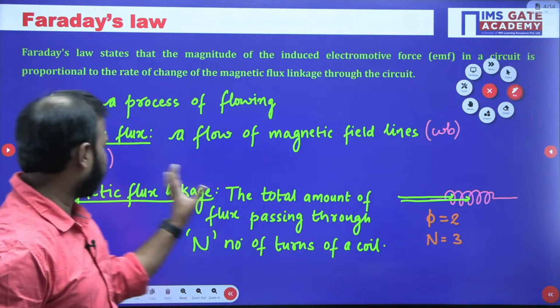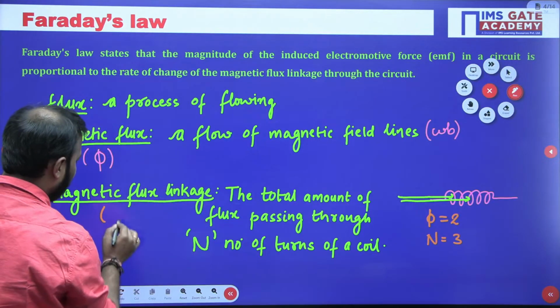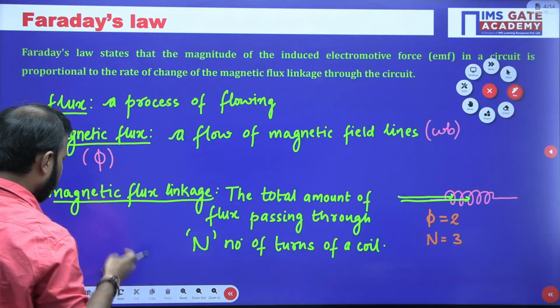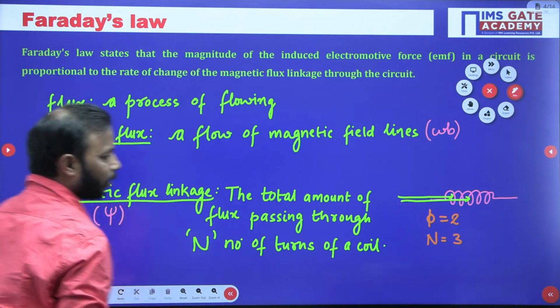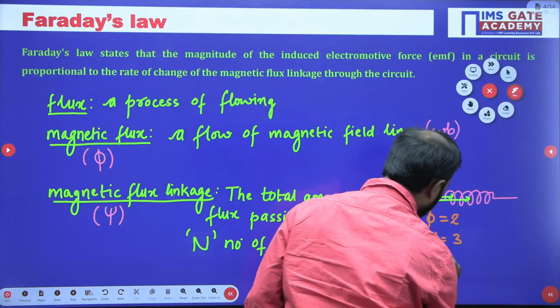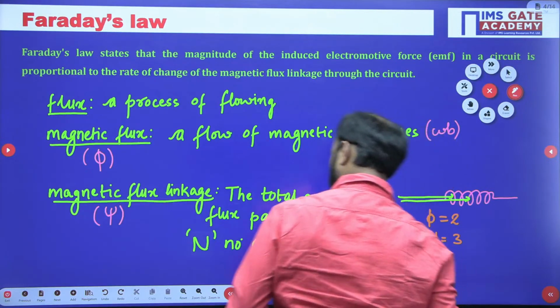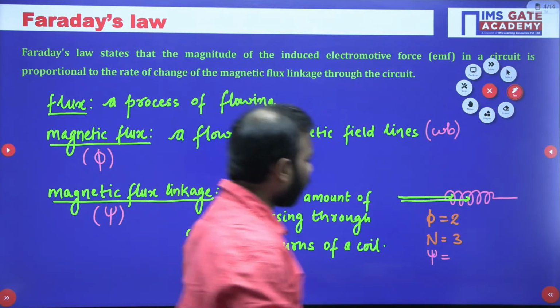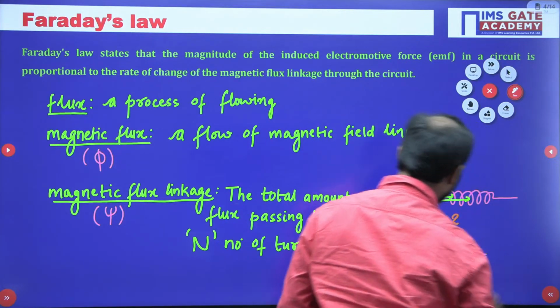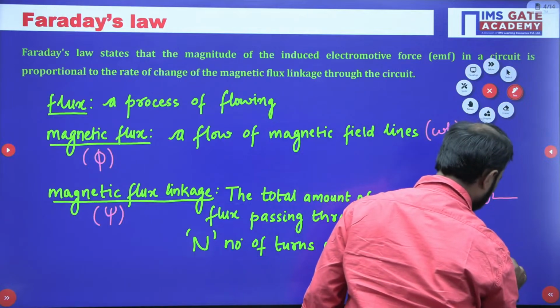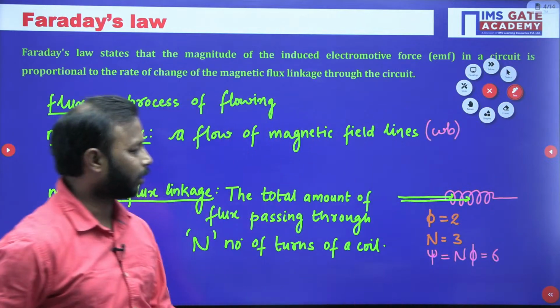Then magnetic flux linkage, which is denoted by psi, will be equal to what? Psi will be equal to N into phi. Now this is equal to 6.